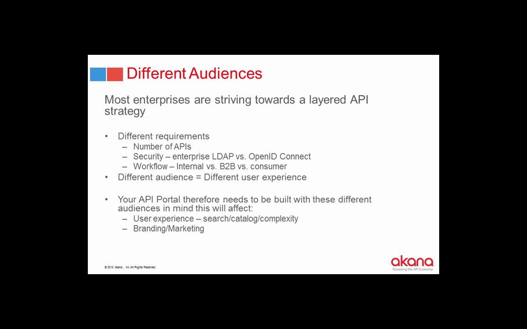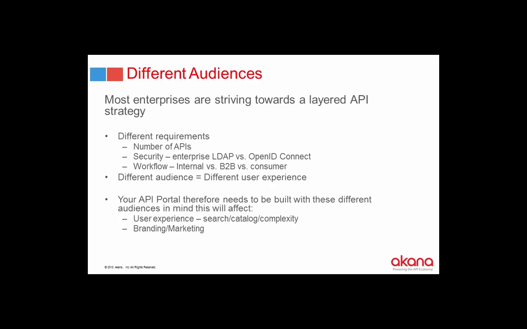But if you're looking at using APIs as building blocks in a layered approach, or if you're looking at a B2B kind of context, then you're going to immediately center around a catalog approach or search-based approach. And it's going to fundamentally change that user experience. The difference between having one API or 100 APIs is a radically different user experience, a different marketing experience, and a different engagement experience.